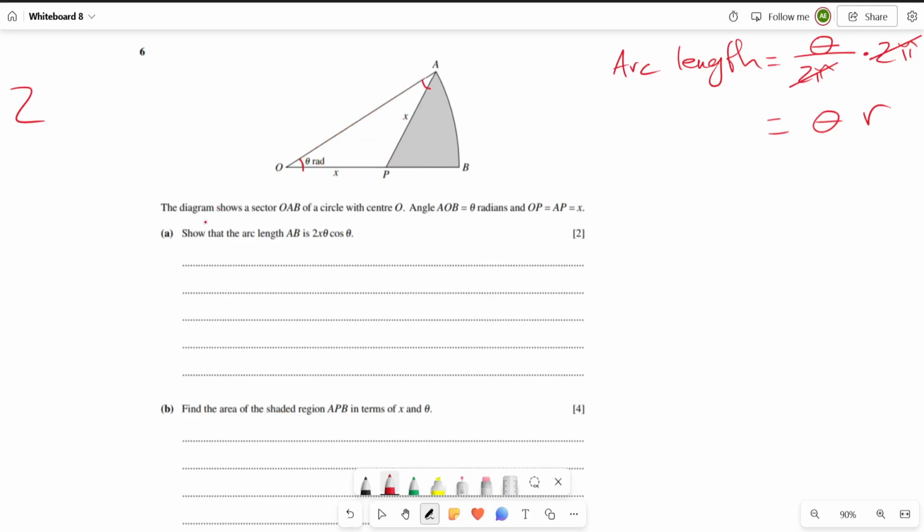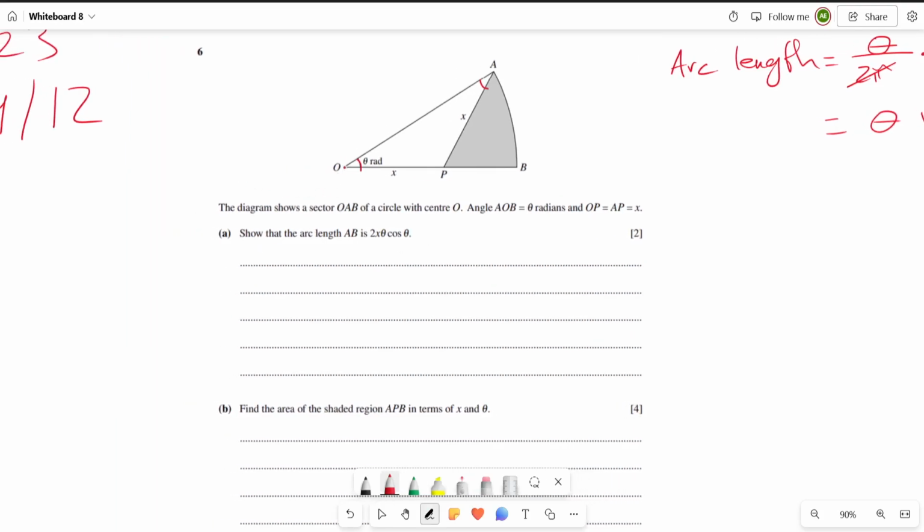Basically we're trying to find OA. First of all, I know that this is theta. Knowing that the sum of angles in a triangle add up to 180, and now we're talking about radians, so the sum of the angles add up to pi, not 180. So pi minus these two angles is going to give me this angle, so pi minus 2 theta.